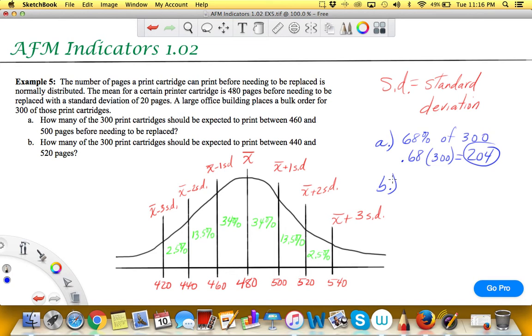Part B says how many of the 300 print cartridges should be expected to print between 440 and 520 pages. So we're going from 440 right here to 520. We're just going to add up all these percentages in here. So 34 plus 34 plus 13.5 plus 13.5.